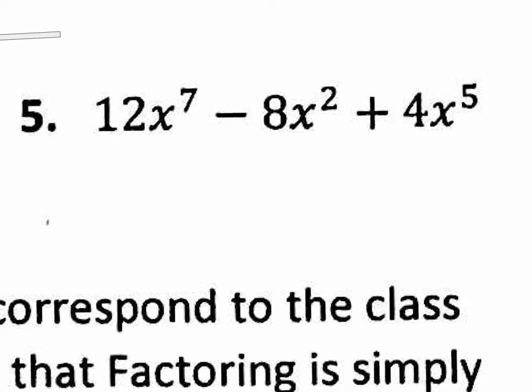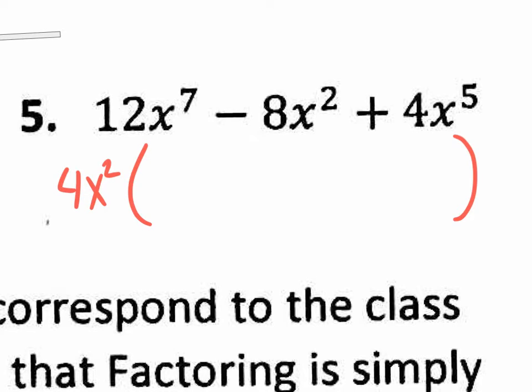What is the greatest thing that's in common in all 3 terms? 4 and what? There's something else that belongs with the 4. x. But how many x's? 2. Squared. So our GCF, you can't just say 4. You can't just say x. You can't just say x squared. You have to say 4x squared. So your GCF is 4x squared.